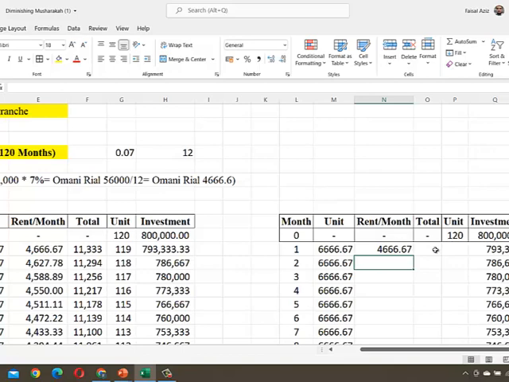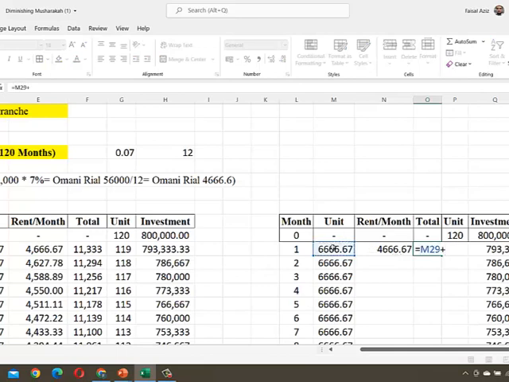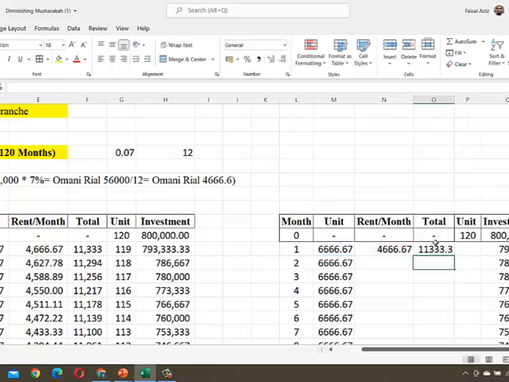You can see that the total installment which a customer will have to pay is the sum of these two, because one is the unit price and the second is the monthly rental. So here it comes to 11,333. And here you can see that once one installment is paid, the total number of units will become less.